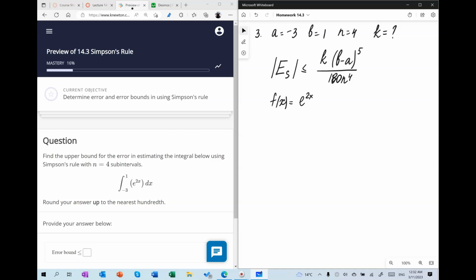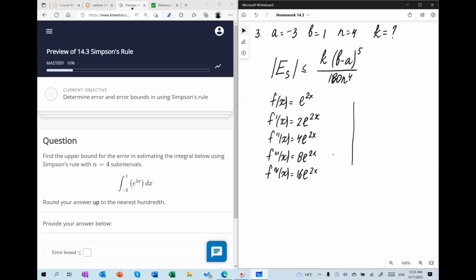We have e to the power 2x. The first derivative is 2 times e to the power 2x. The second derivative is 4 times e to the power 2x. The third derivative is 8 times e to the power 2x. And the fourth derivative is 16 e to the power 2x.